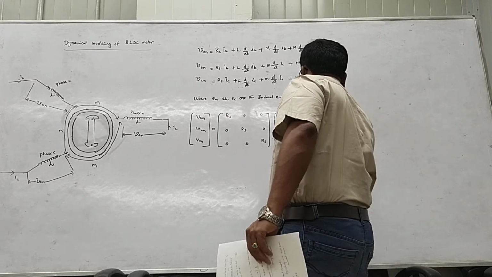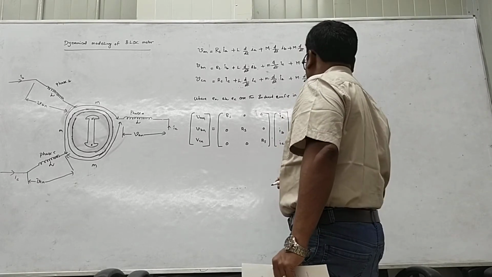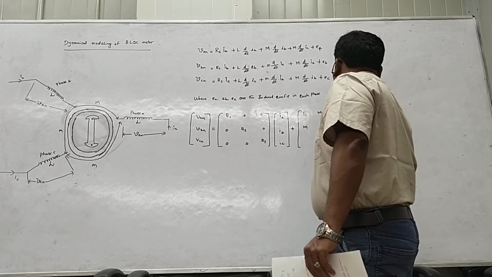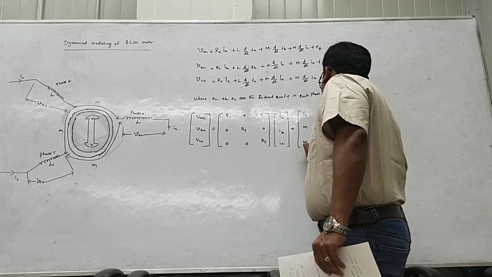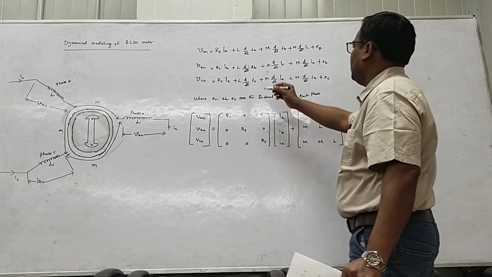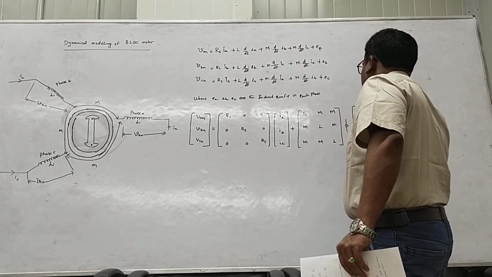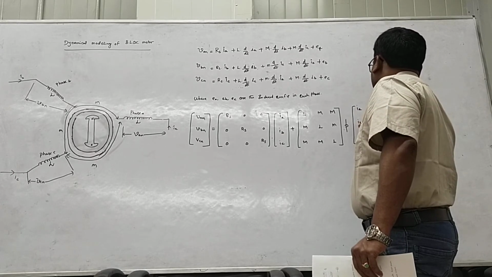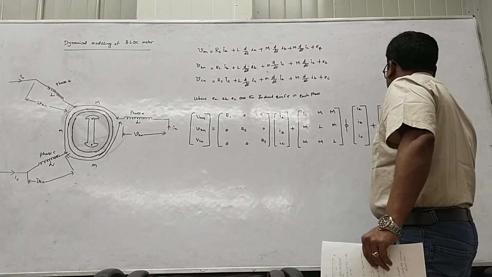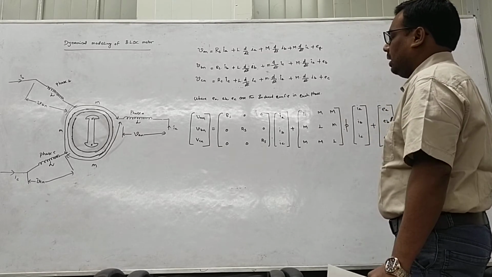So the self-inductance exists on the diagonal, L, with mutual inductance M between phase B and phase C; mutual inductance with phase A, self-inductance of phase B, mutual inductance with phase C; and mutual inductance with phase A, phase B and self-inductance L. Into, because this is d by dt, the derivative term can be represented as P, and here also the currents in the respective phases are IA, IB and IC, plus the induced EMFs EA, EB and EC. The induced EMFs of each phase are like this.